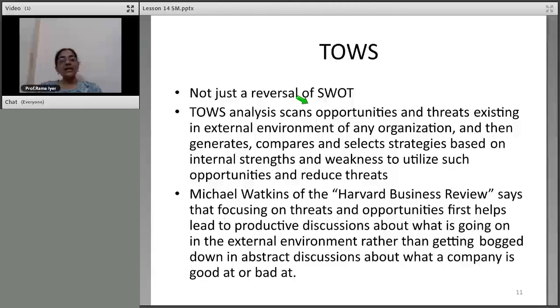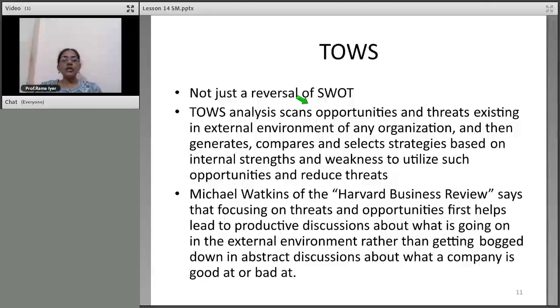While in SWOT, one is evaluating internal strengths and weaknesses and seeks how that can be best applied to the external environment, right? The external environment is not something we can control. So how can you use your strengths and weaknesses to exploit the opportunities and face the challenges is one part.